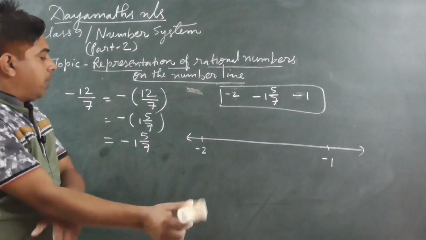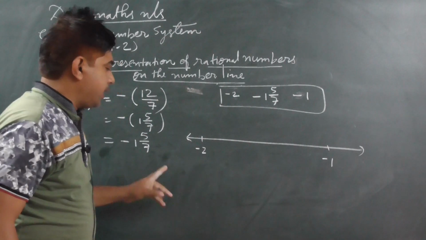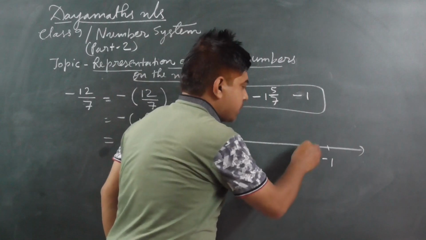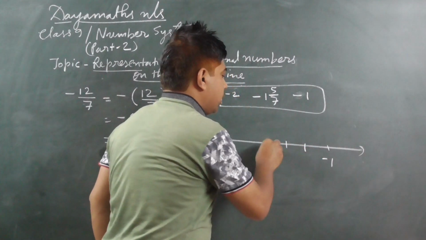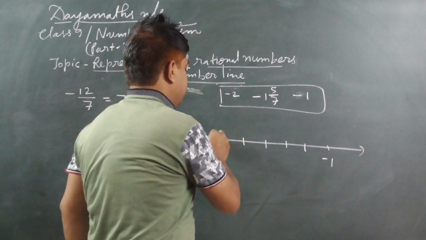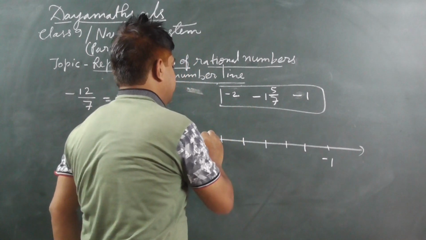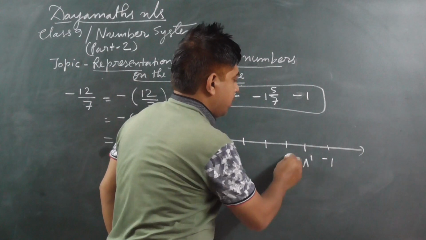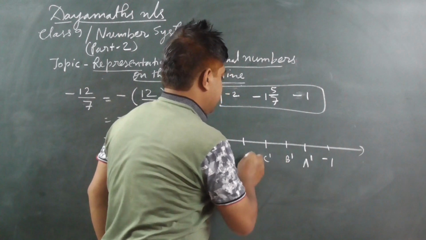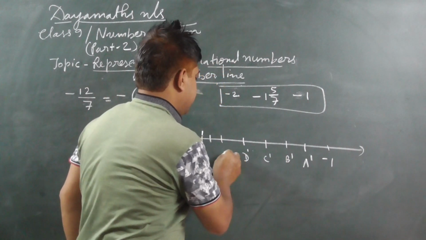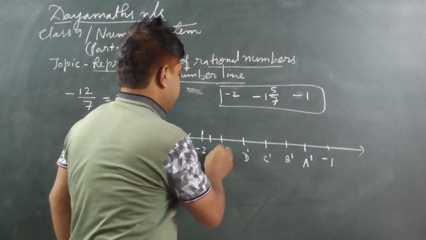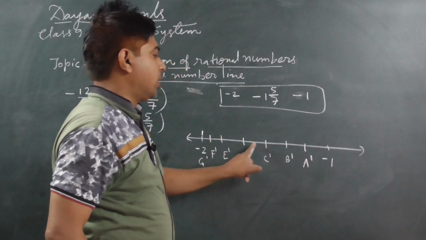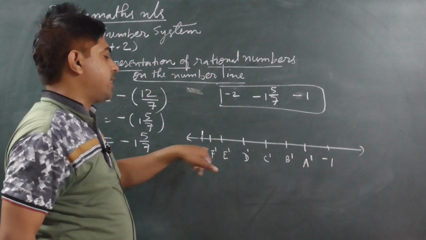Now between these, you have to take 7 equal parts according to its denominator. So first, second, third, fourth, fifth, sixth, and the final position is here. Just you can check that: A dash, B dash, C dash, D dash, E dash, F dash, and G dash. If you count first, second, third, fourth, fifth, sixth, and 7, the 7th part is lying on minus 2.